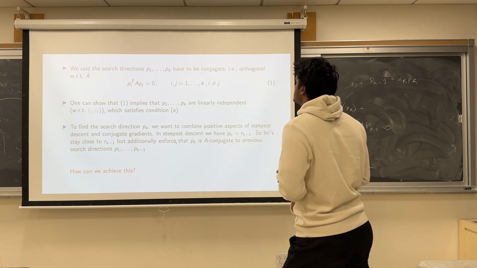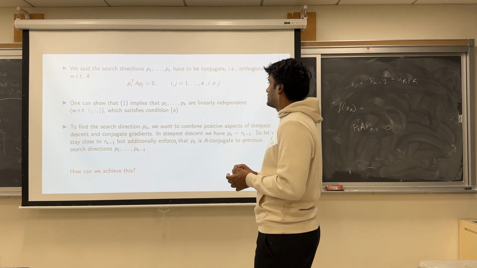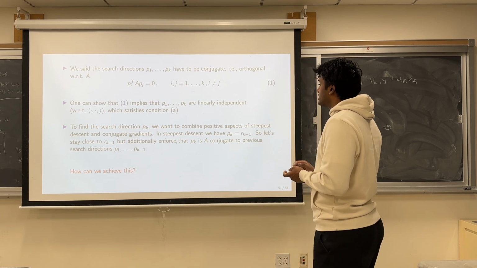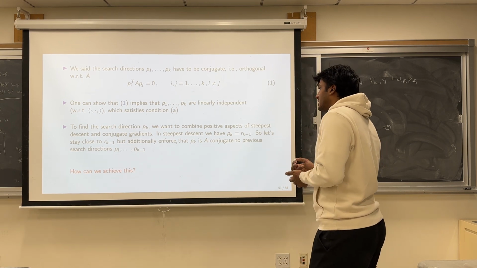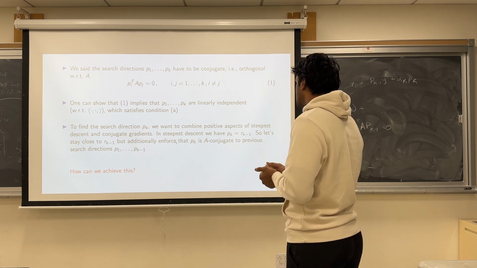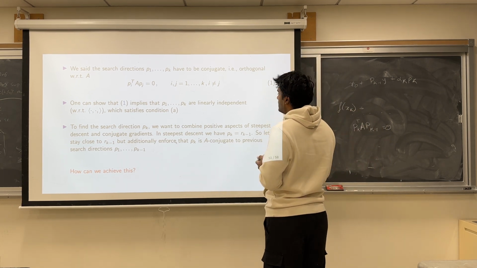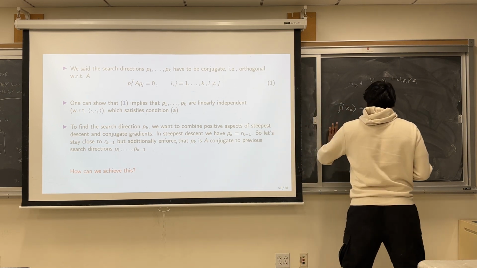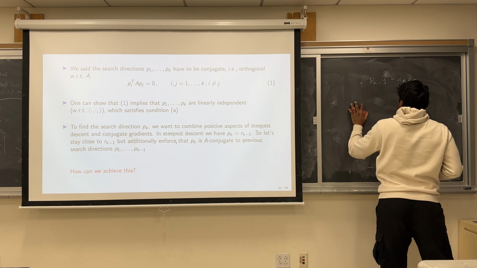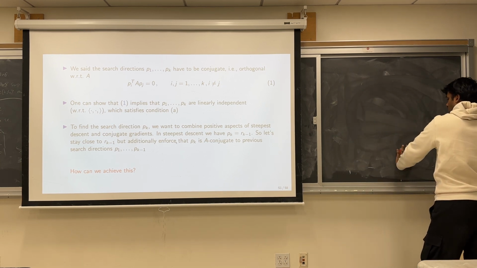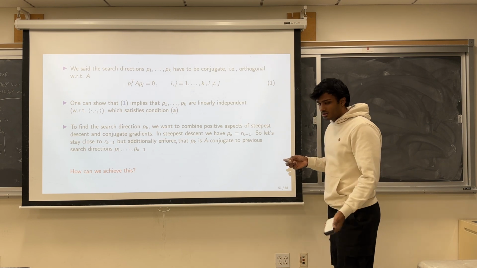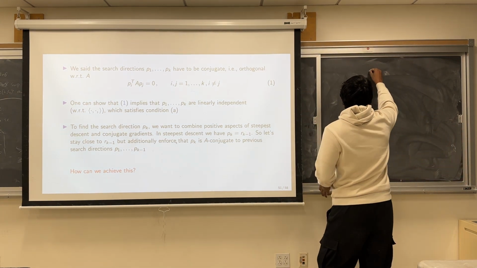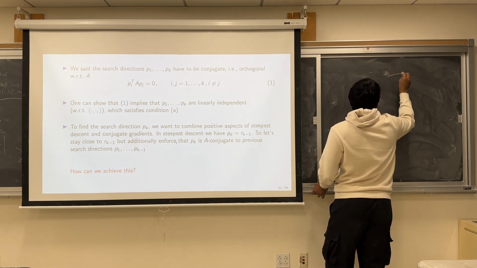So we said that the search directions have to be orthogonal with respect to A. One can show that this implies that p1 to pk are linearly independent, which satisfies condition A as well. So to find the search direction pk, we want to combine positive aspects of steepest descent and conjugate gradients. In steepest descent, we just choose our pk to be the residual, and then we do the alpha computation, which is r transpose r divided by r transpose A r.